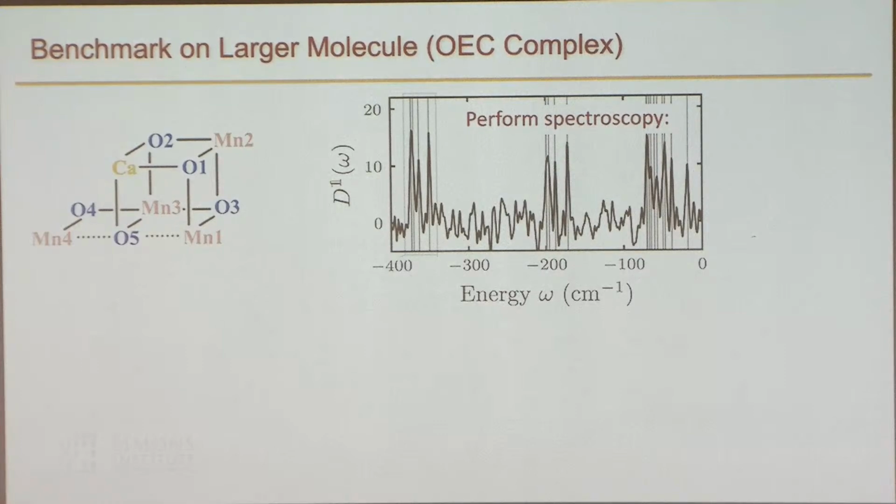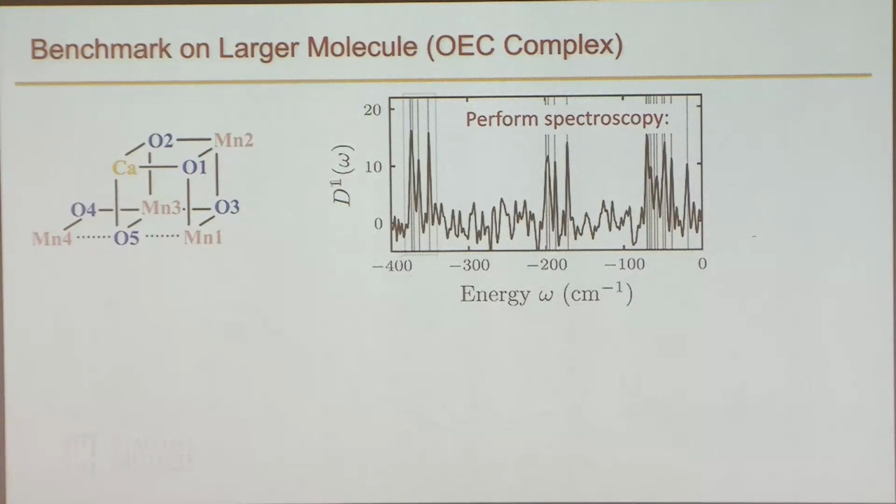I should be honest, this is still a problem that can be done with direct diagonalization. It takes already long, and we cannot really get bigger, but so far we can still compare to perfect calculation. And as you can see, we can reproduce the spectrum with the quantum computer.